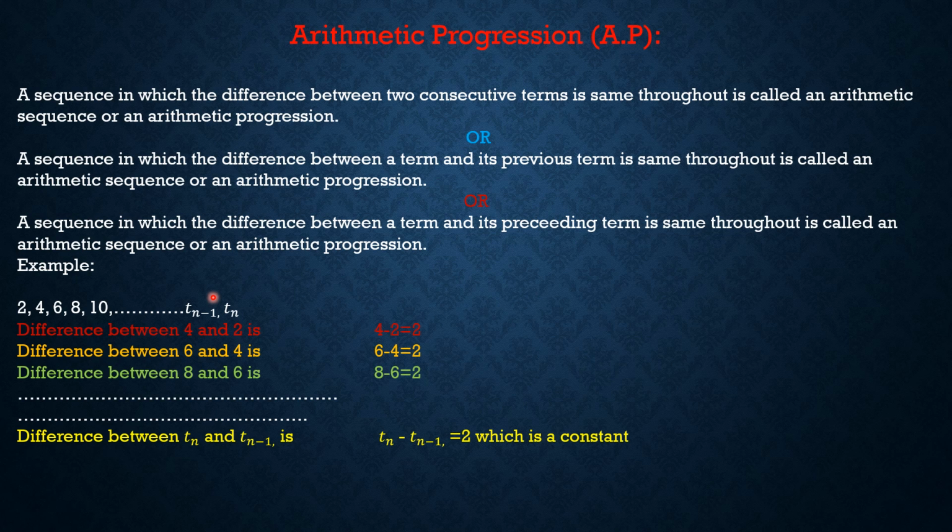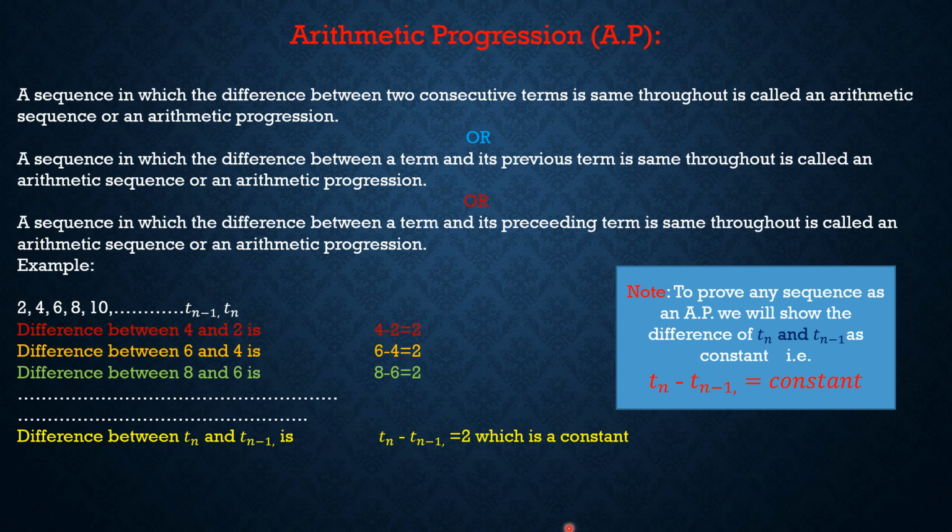So always keep one thing in mind. To prove any sequence as an AP, we will show the difference of tn and tn minus 1, means a term and its previous term, as constant. That is tn minus tn minus 1 is constant.